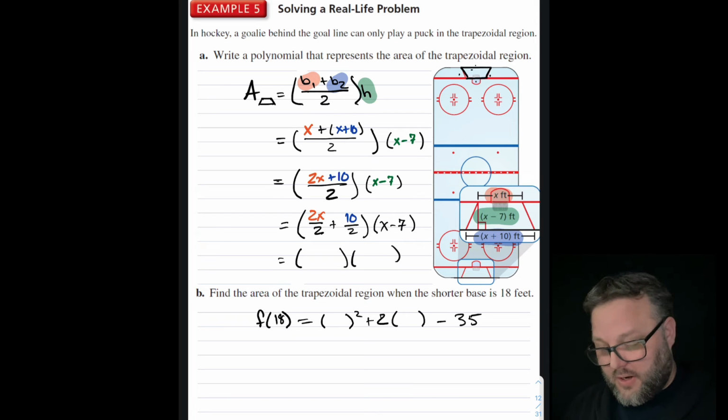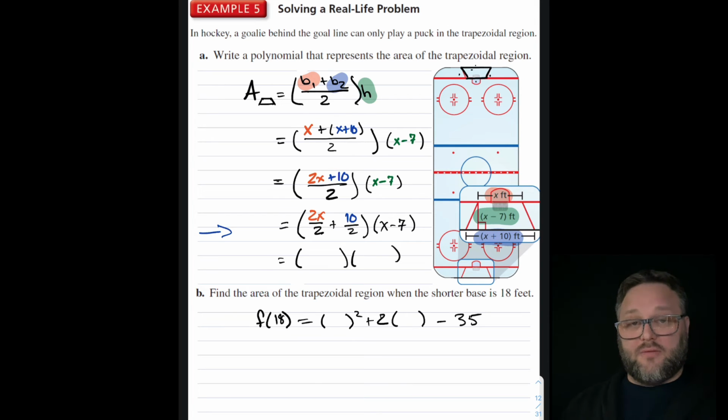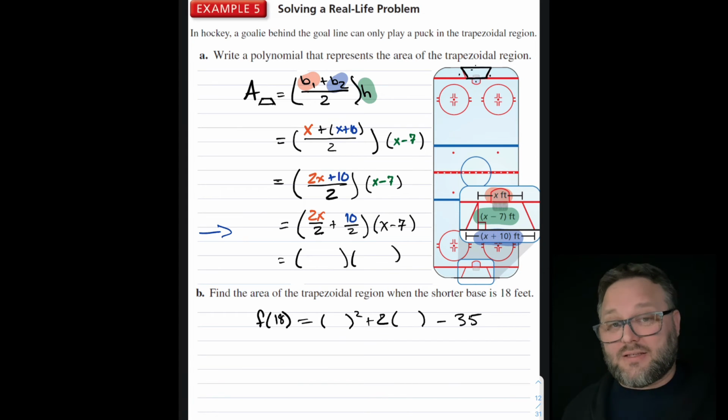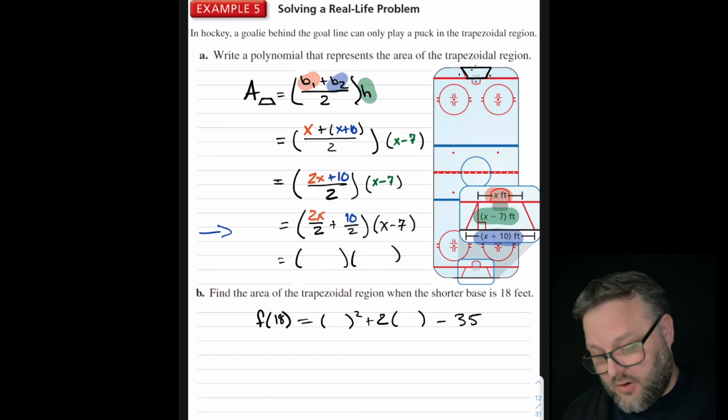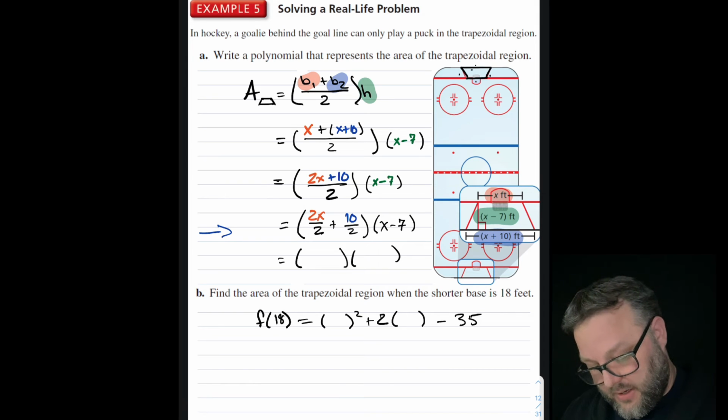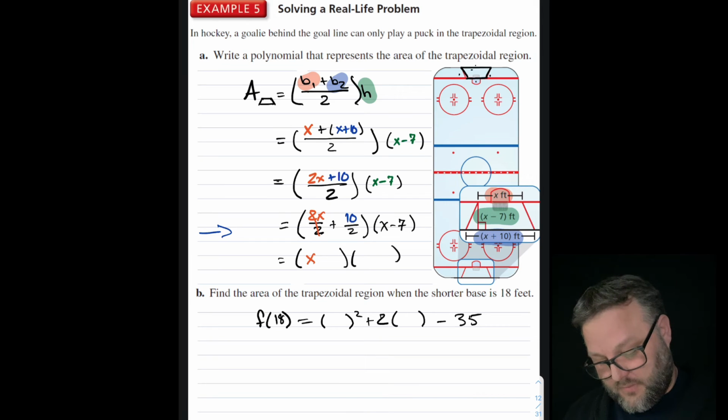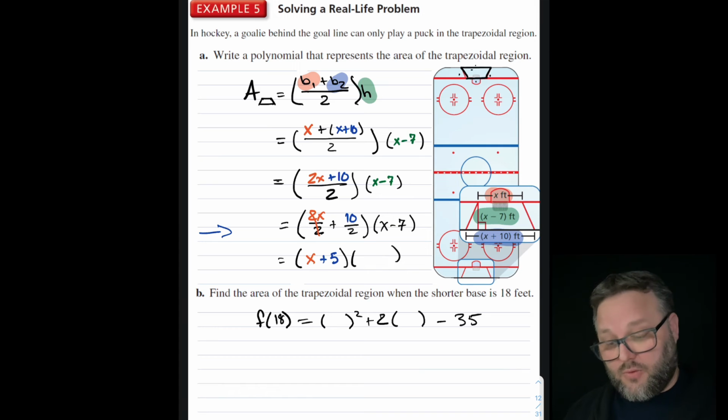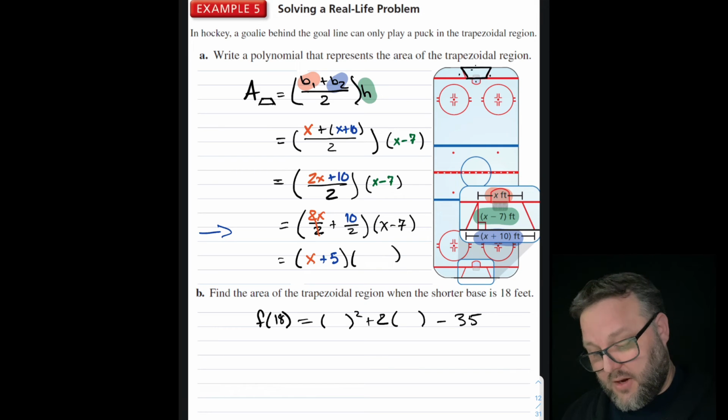This step right here is only showing that if we separate it apart, we're able to simplify it. So whether we separate it apart or not, we can still simplify it. So we do that by these 2's canceling and leaving me with X. 10 divided by 2 is a positive 5 because they're both positive. And then I have my original X minus 7.